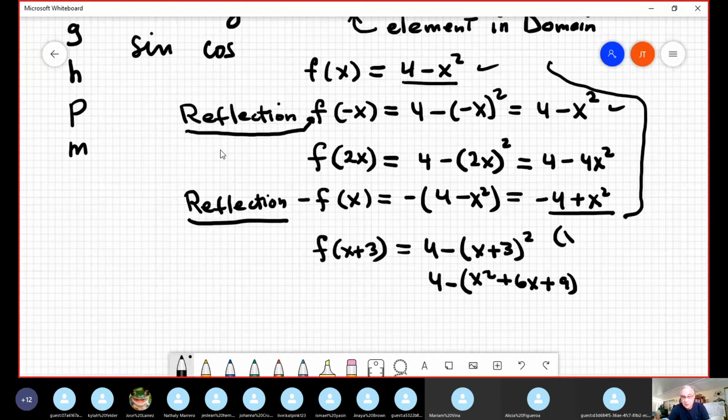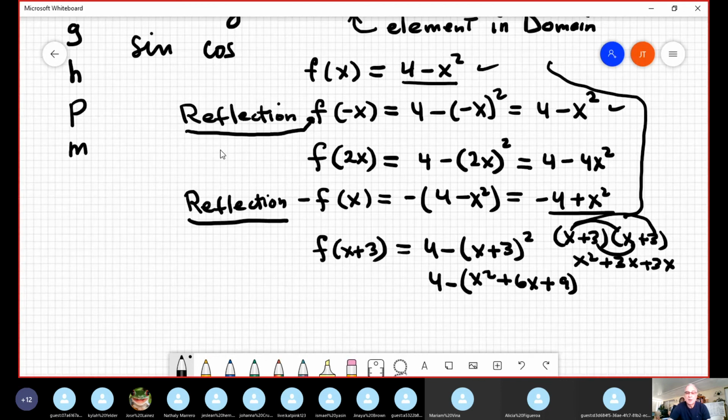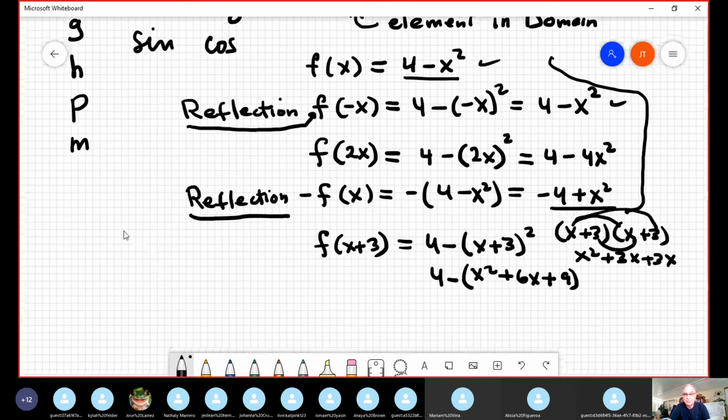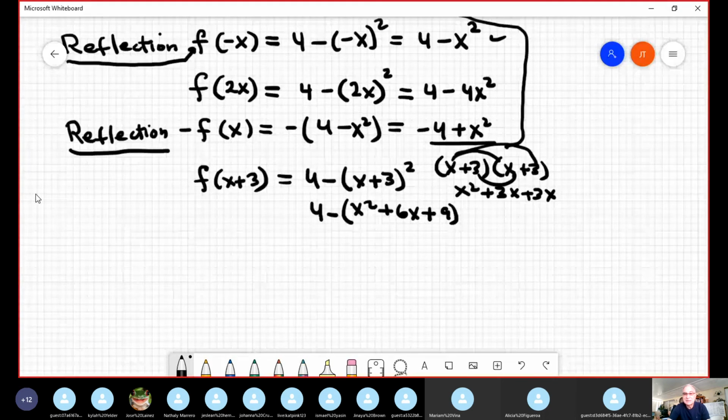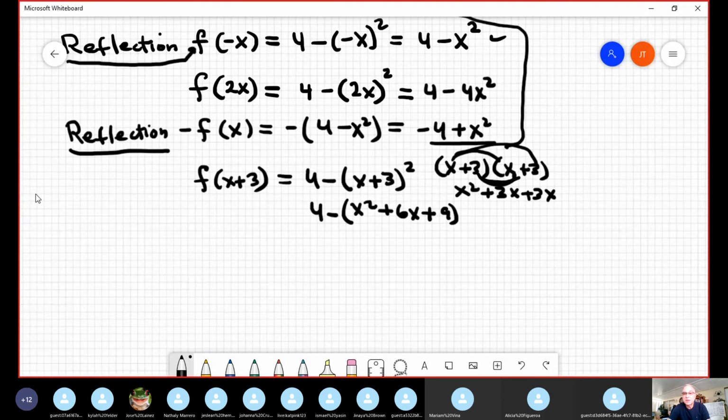Okay, let me try here. x plus 3 times itself. x times x is x squared. Plus 3x. Plus 3x again. Plus 9, because the last product is 3 times 3 which gets 9. And when you combine 3x plus 3x, it is 6x, like that. Boom.